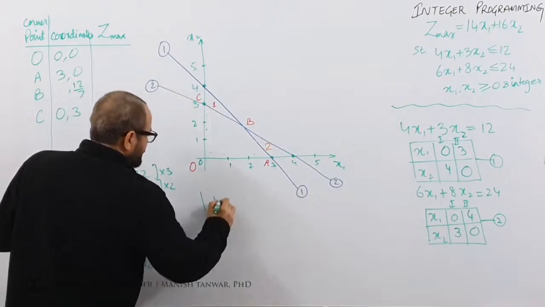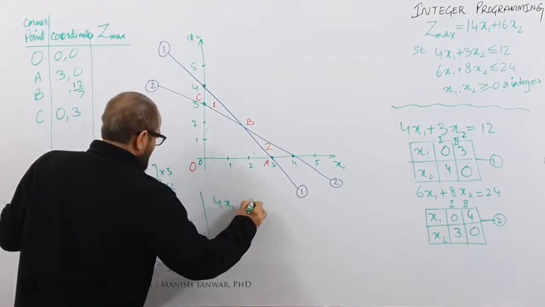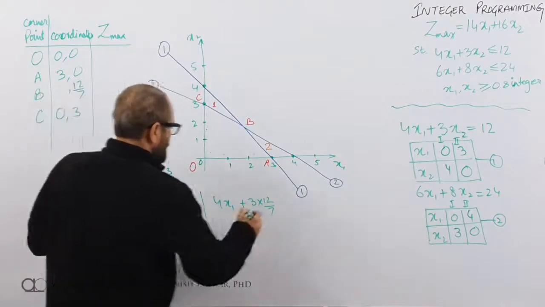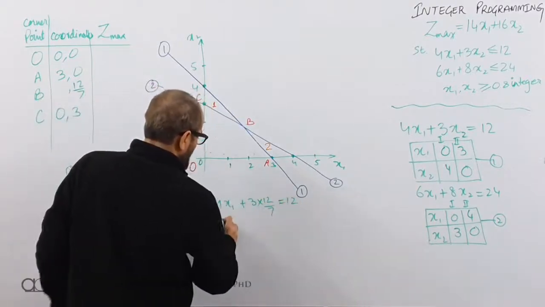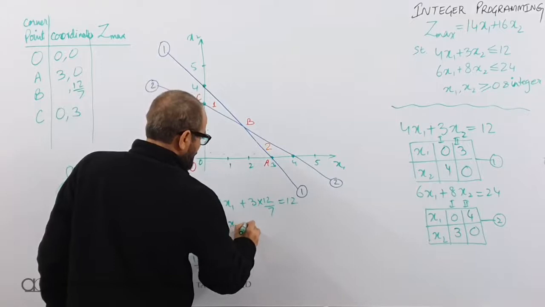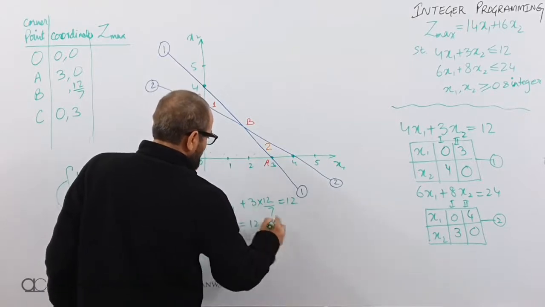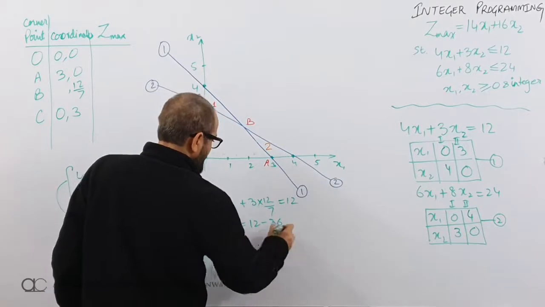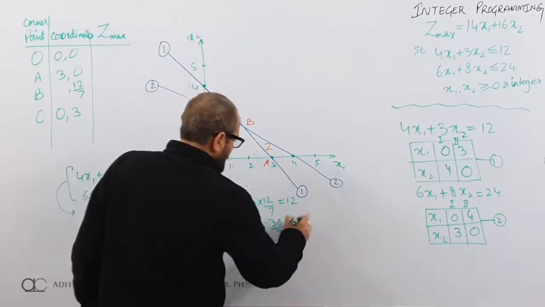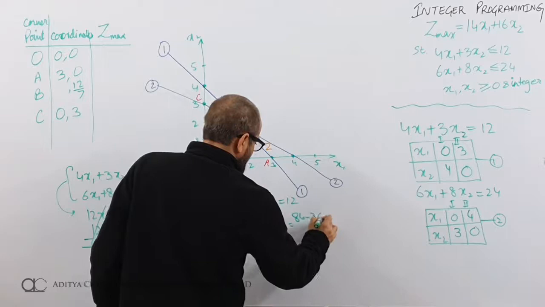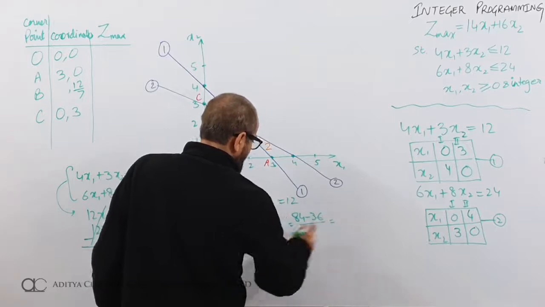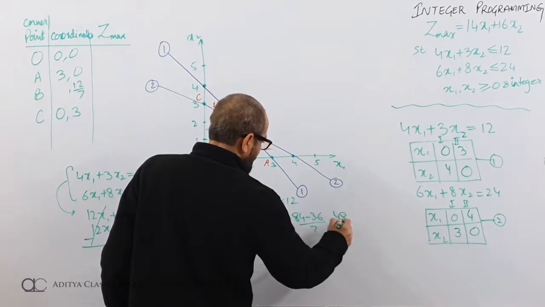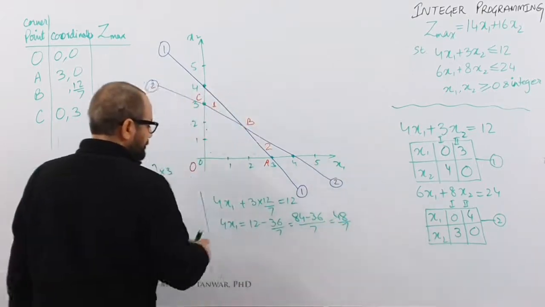I get 4x1 plus 3 multiplied by 12 upon 7 is equal to 12, making it 4x1 is equal to 12 minus 36 upon 7, which is 84 minus 36 upon 7, thereby making it 48 upon 7.